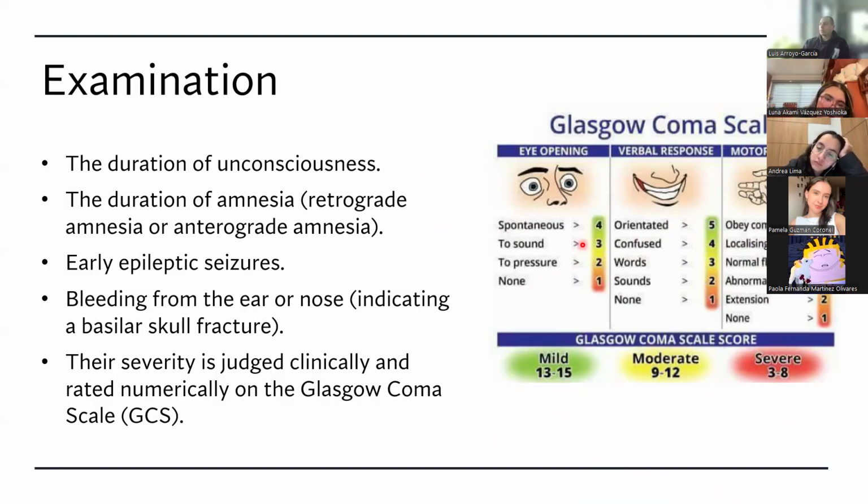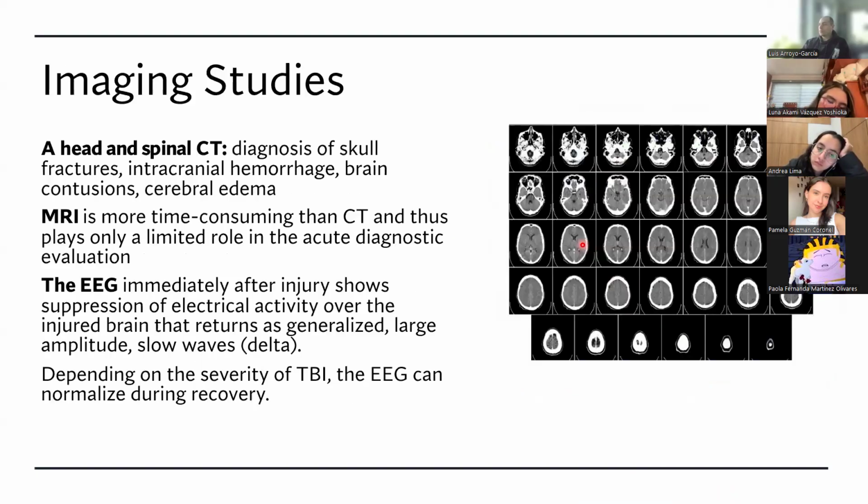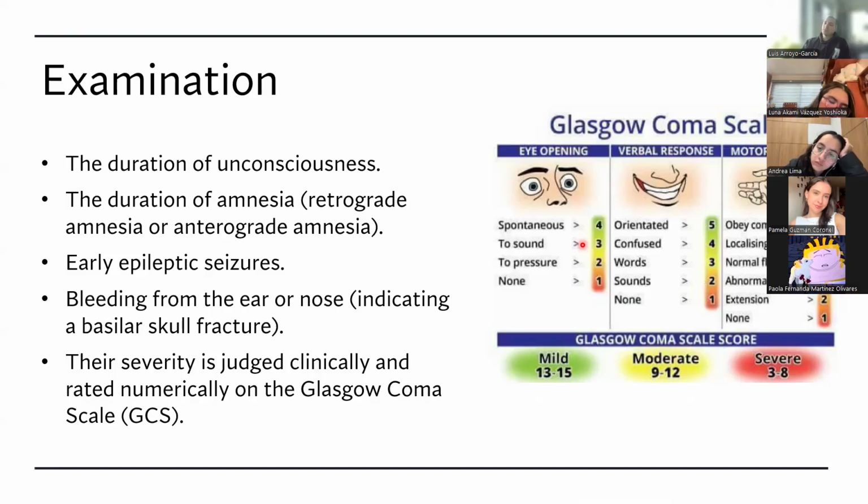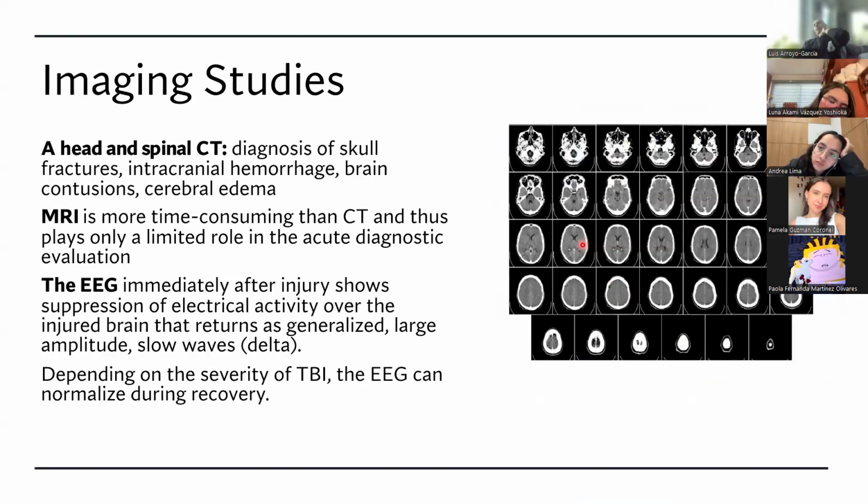So that's how the Glasgow Coma Scale works. And what the doctor checks in the imaging studies will tell you where the damage is happening. First, with the head and spinal CT scan, we're going to see if there's a fracture in the skull, intracranial hemorrhage, brain contusions or cerebral edema.